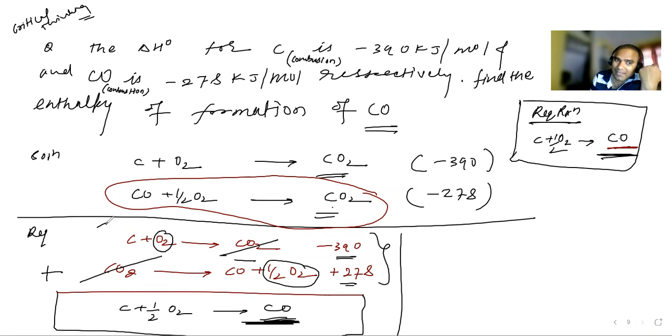While adding these two equations, you are getting CO. By adding these two equations, you got CO. So whatever enthalpy is released or absorbed in both equations will be the enthalpy of formation of CO. Yes or no?